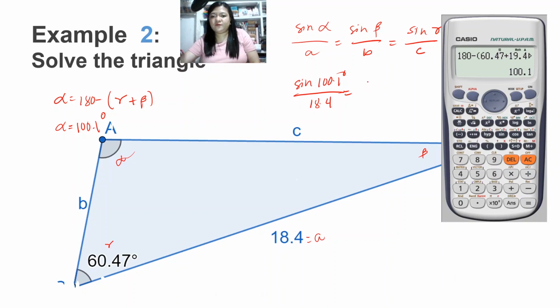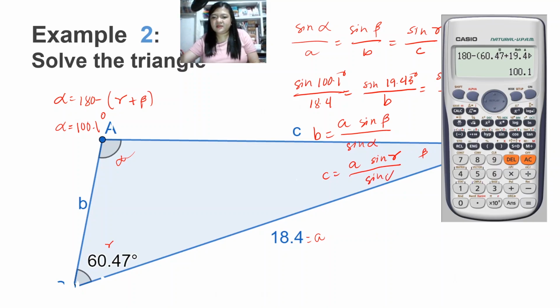Then beta is 19.43, so this is sine 19.43 degrees divided by B, and also equal to sine gamma, which is 60.47 divided by C. Now let us use the formula that we had from the previous slides, saying that B is equal to A times sine beta divided by sine alpha, and C is equal to A sine gamma divided by sine alpha.